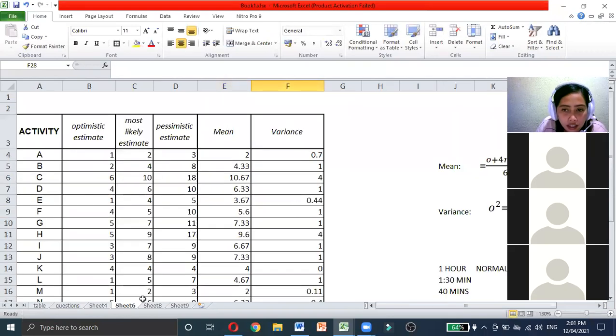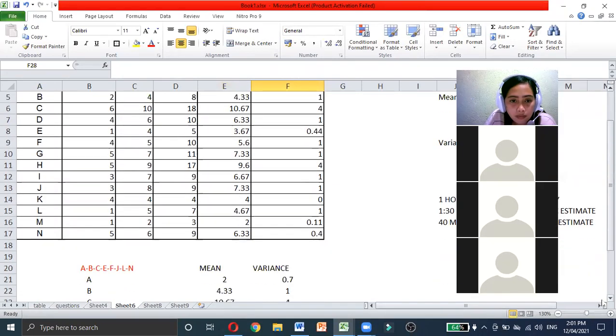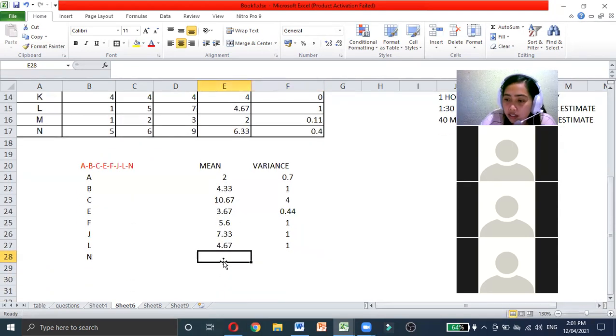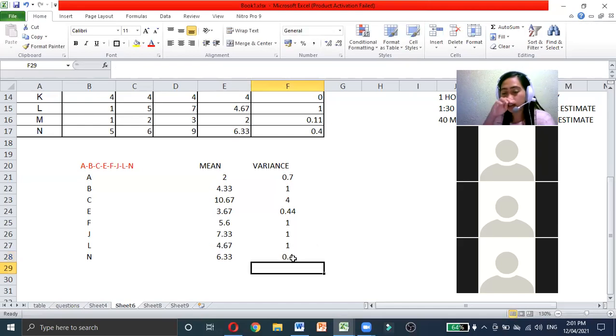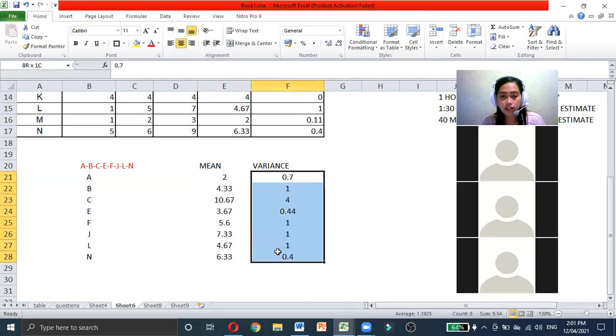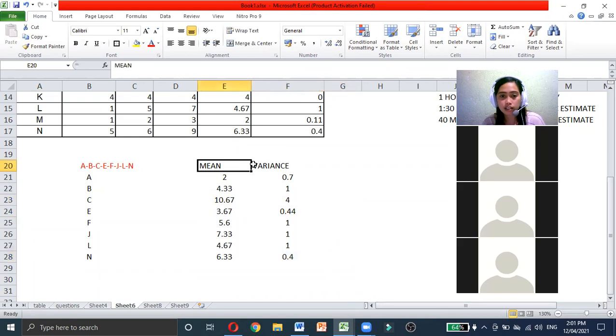Then N is 6.33 and 0.4. Now give me the sum of the mean, the total sum of the mean of the duration and the total sum of the variance.